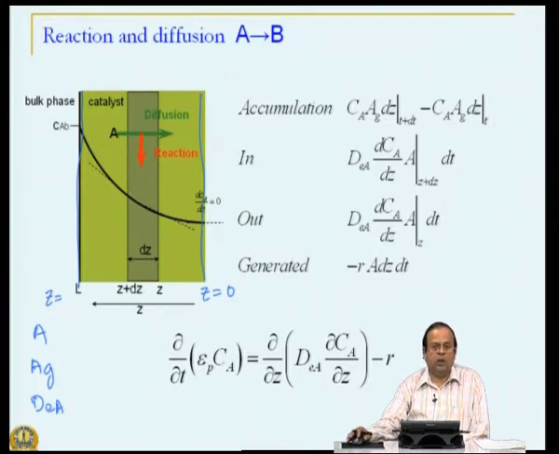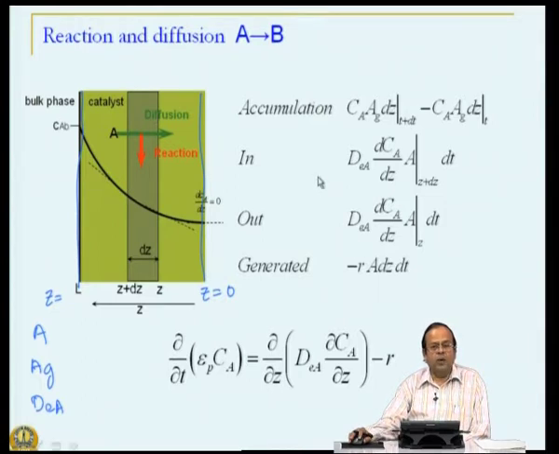So, we just make it minus R for making it in a normal form. So, this is per unit volume of the catalyst pellet, multiplied by the volume of the catalyst pellet A into dz, that is the rate at which moles of A are getting generated, multiplied by small dt, that is the time interval which we are looking at.